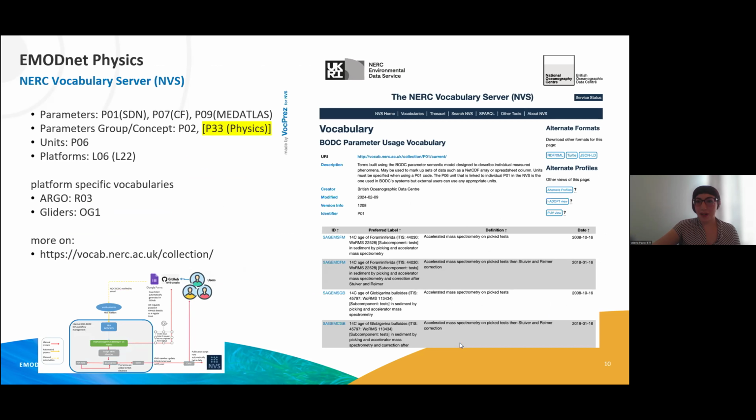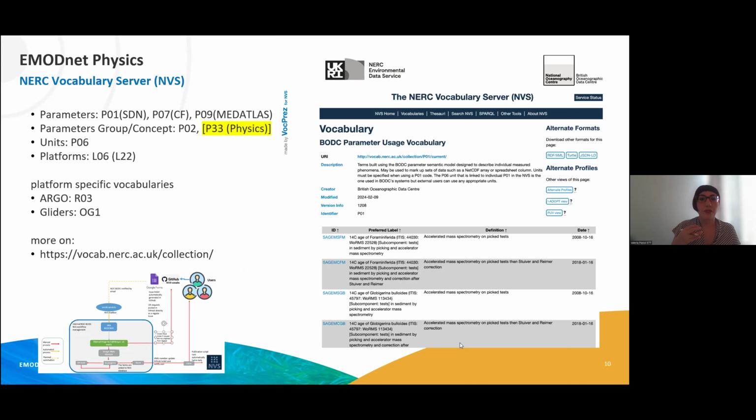As we were saying, one of the best practices that we have to put together is the use of vocabularies. For example, a new set of vocabularies, the P33, dedicated to physics, has been implemented in the past few months. This includes terms that are used to group parameters into broader categories, to improve data discovery and data aggregation at products level.